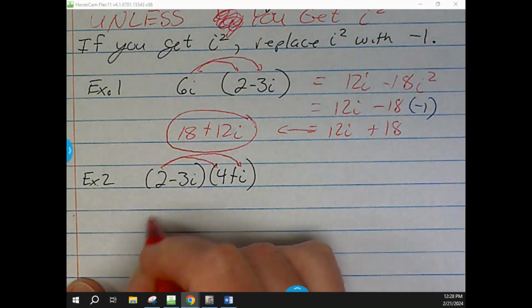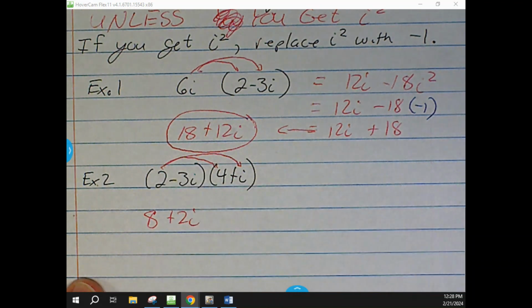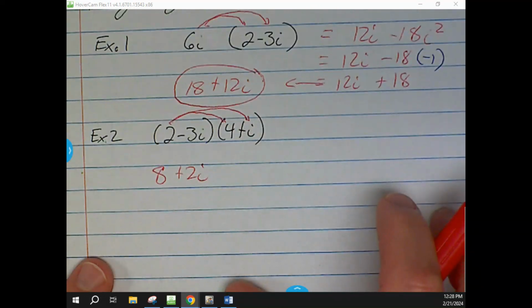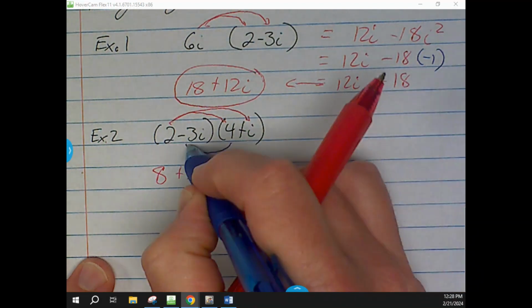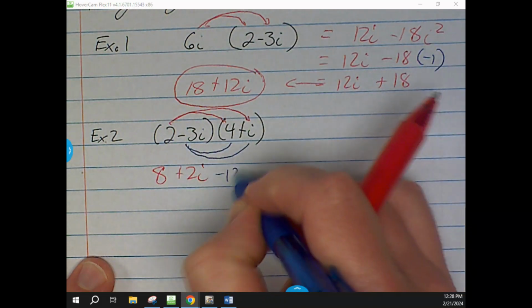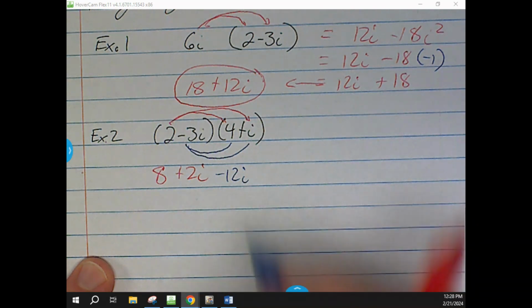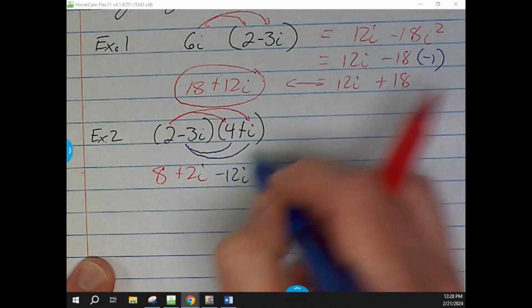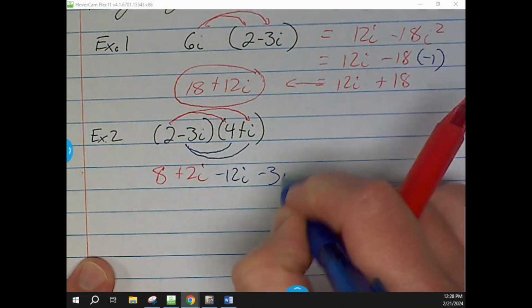So 2 times 4 is 8. 2 times i is just 2i. On the bottom side, negative 3i times 4, and then negative 3i times i. So negative 3 times 4 is negative 12i. And again, technically that's a 1i, so it's negative 3 times 1 for negative 3. And again, if you do i times i, that will make it i squared.